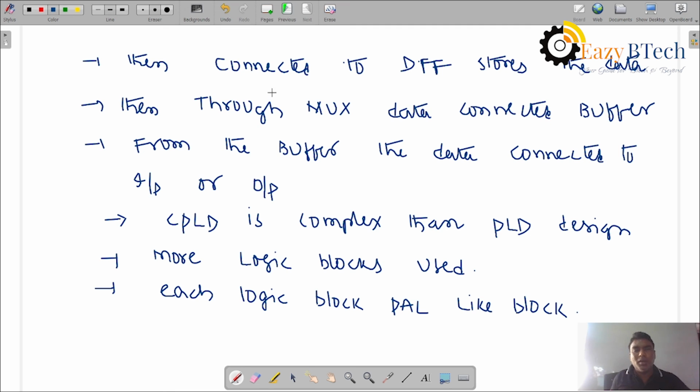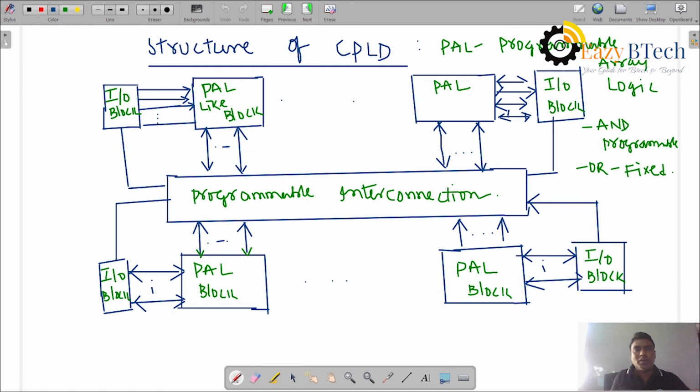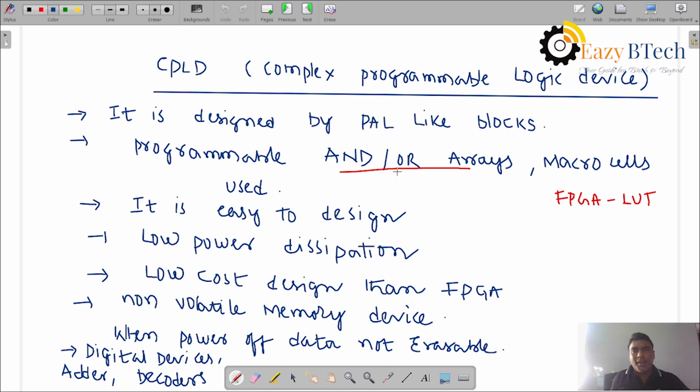In each design, 4 OR gates are used, with 16 macro cells and 16 inputs.